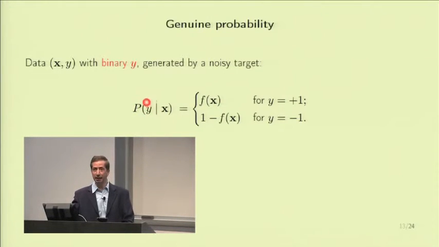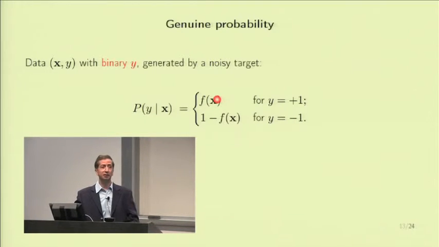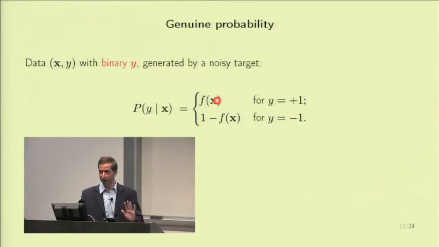I want to take the examples and then generate h that approximates the hidden target function. Understood the game? That's why it's genuine probability. It's not only 0, 1, it's also that the examples that I am given have already inherently a probabilistic interpretation.